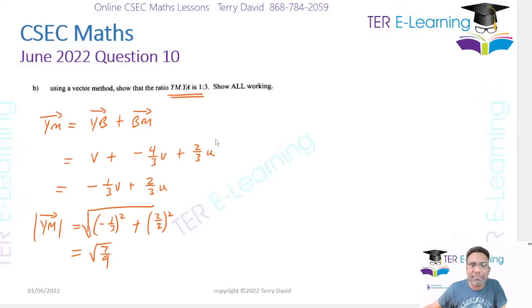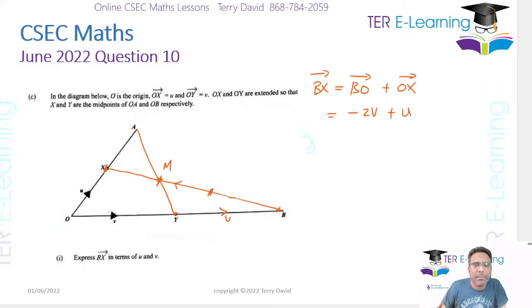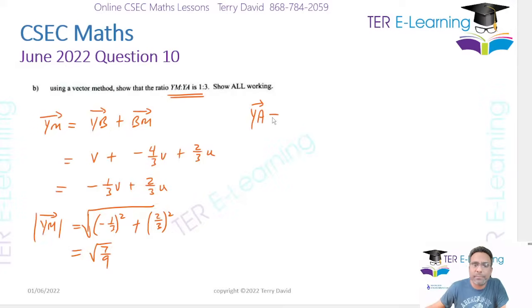So that's YM. Now I'm going to work out what is YA. YA is going to be easy. YA is YO plus OA.